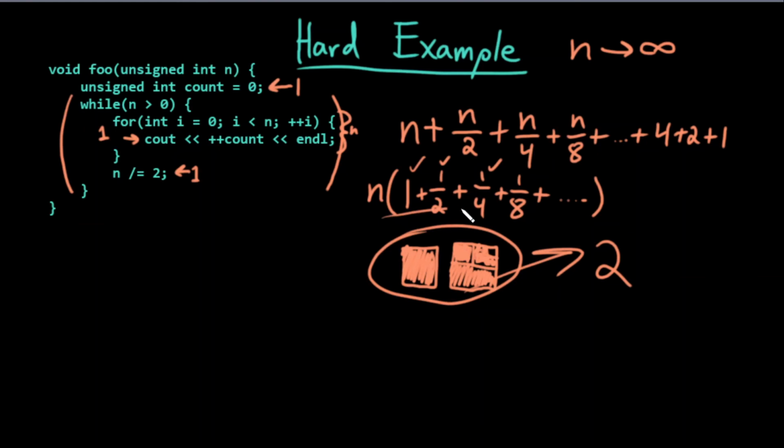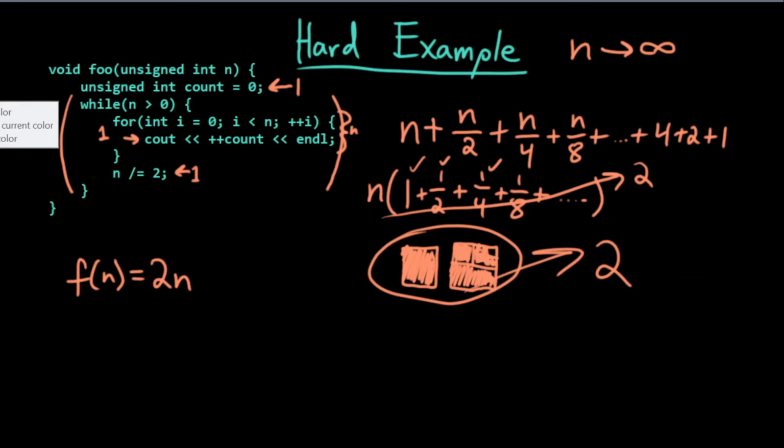So this entire sum in parentheses here approaches 2. Therefore, the total number of operations I perform is 2n. And therefore, in big O, I drop lower terms of n. Well, I don't have any. I drop constant coefficients. This is big O of n.